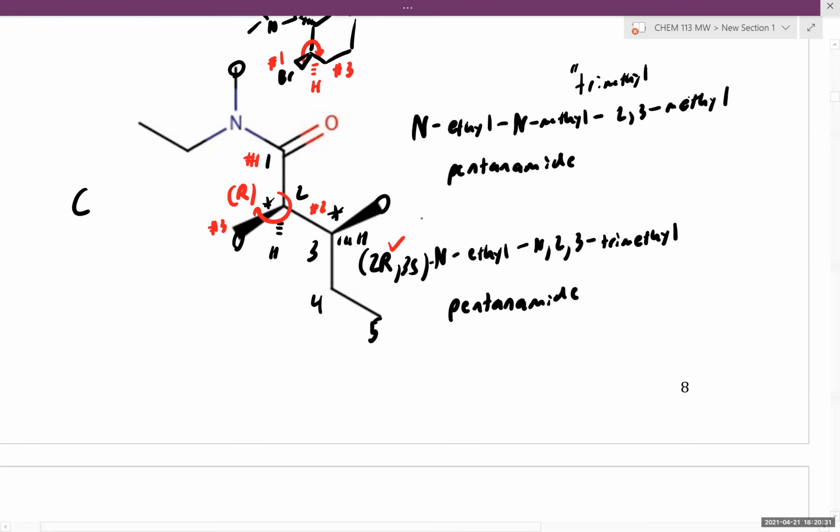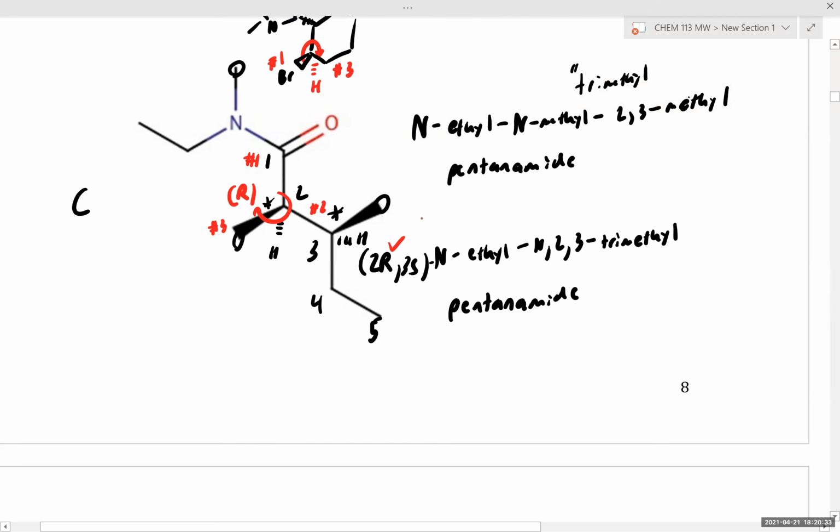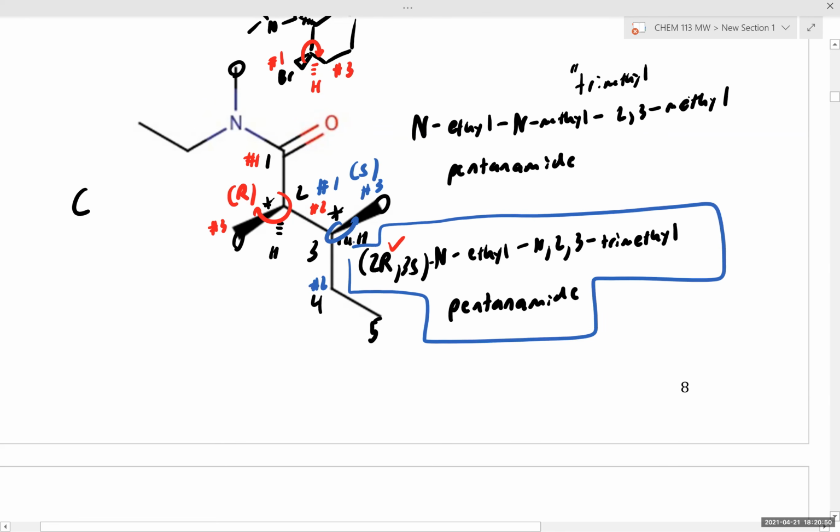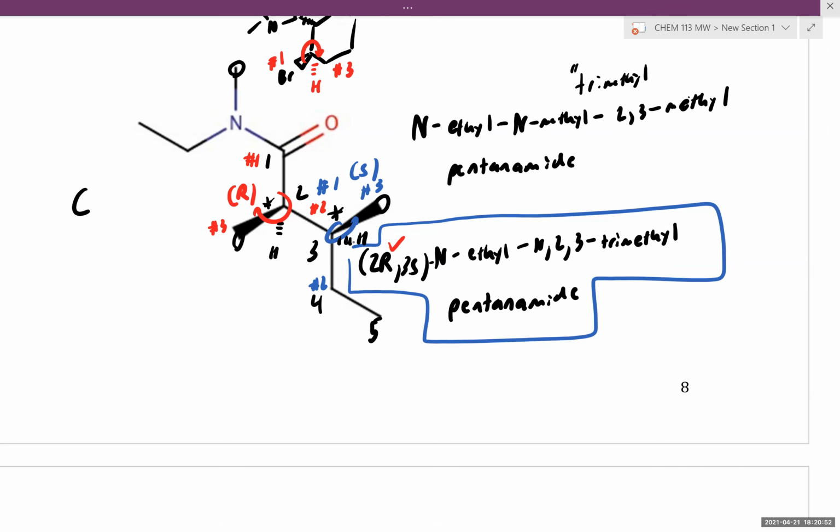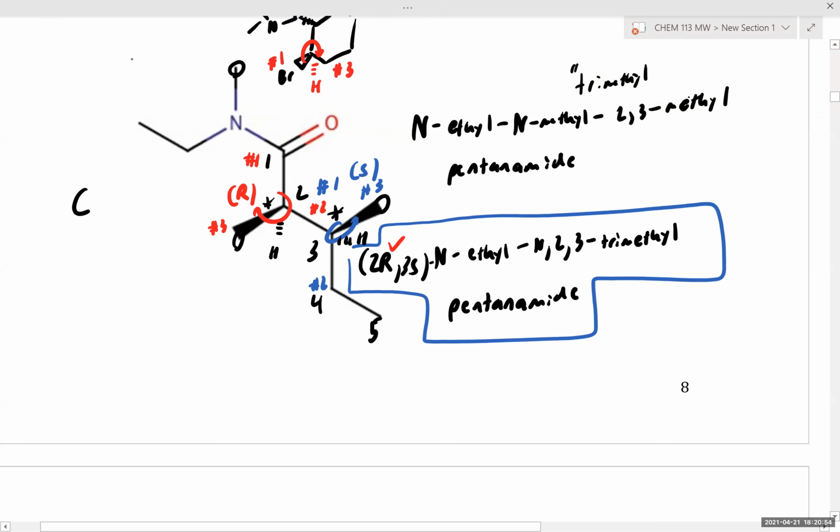For our second stereocenter, the amide chain is priority 1, the ethyl chain is priority 2, and the methyl is priority 3. So tracing, that gives us an S stereocenter. Yep, so we now have a full IUPAC name for the following amide. Does this make sense to everyone?